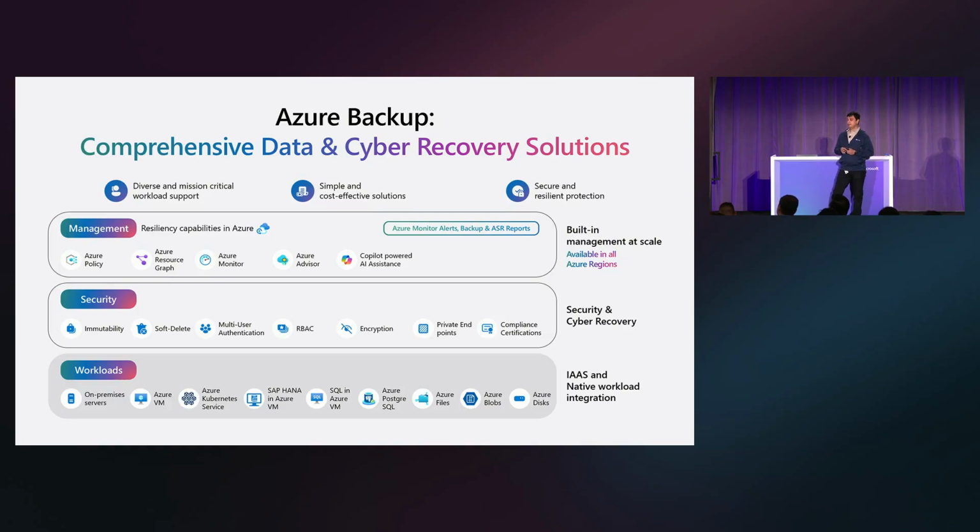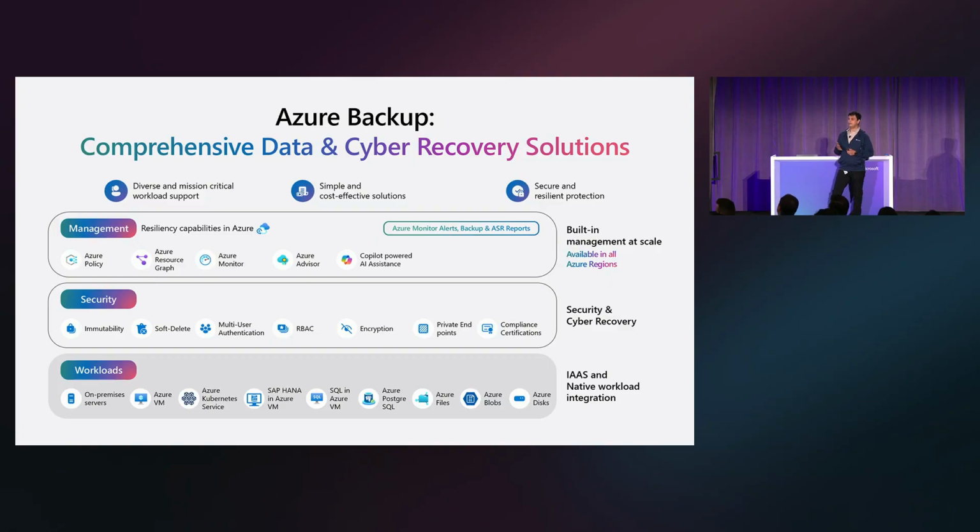Next, the vaults. The vaults allow you to configure backup for different workloads. Sometimes it can get difficult for you to identify which resource is being backed up on which vault. We are supported by Azure Resource Graph, so you would be able to go back and do that mapping. From a monitoring standpoint, it is tightly coupled with Azure Monitor. So anytime your backup jobs run, fail, or succeed, you would be able to get all of that information.